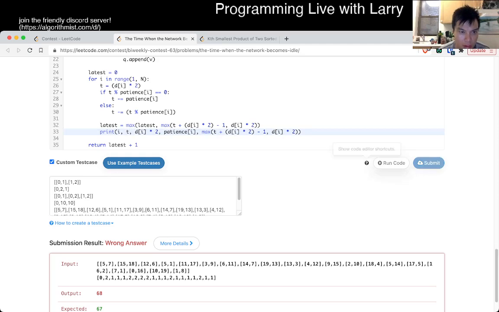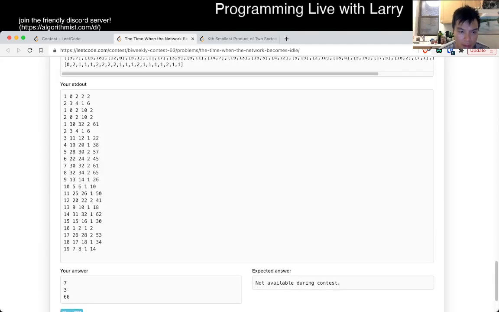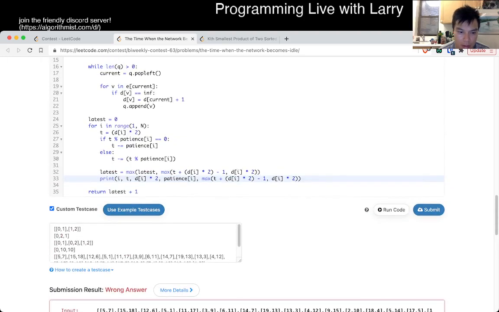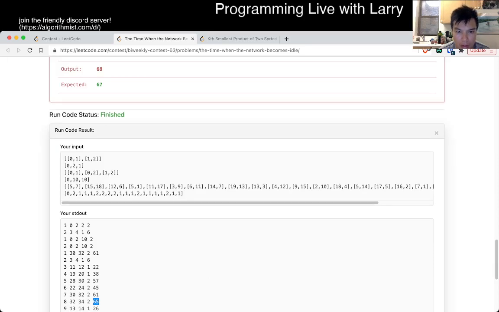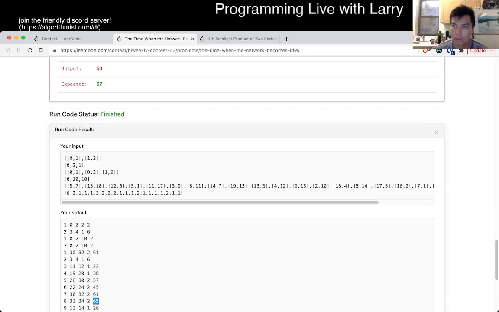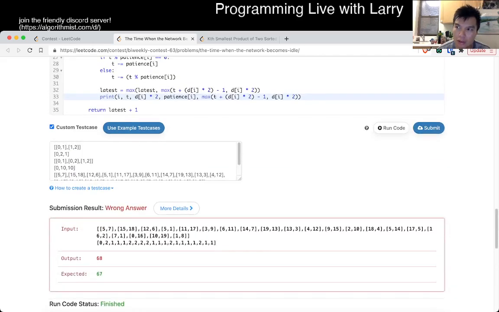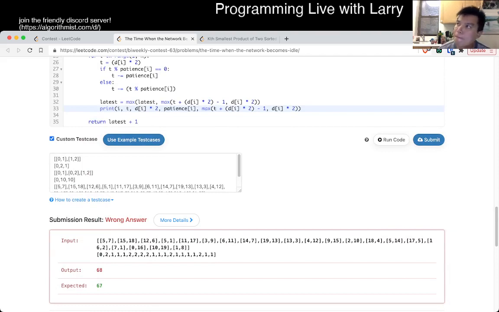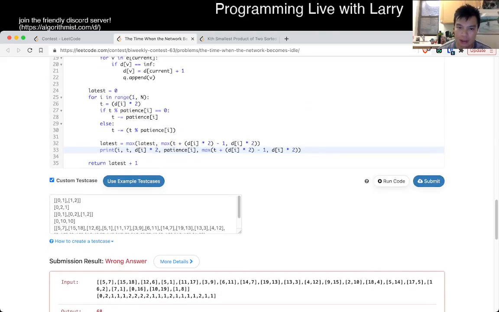Yeah, so last message says 32, takes 34, so this should not be 65. Okay, so it's off by 1 still. Because it gets back at 34, so it won't send at 34. So last message is 32. 32 plus the distance.